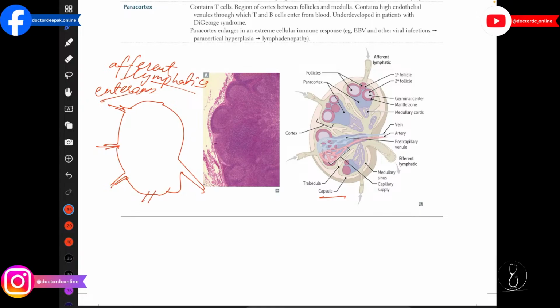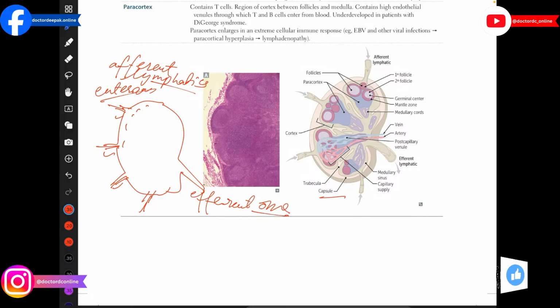One lymph node can have 1, 2, 3, 4 routes like that. And for efferent, there is one or more only. Okay, not multiple.